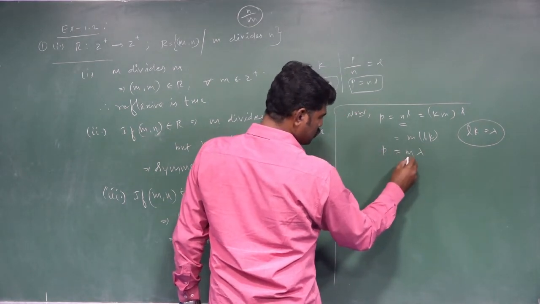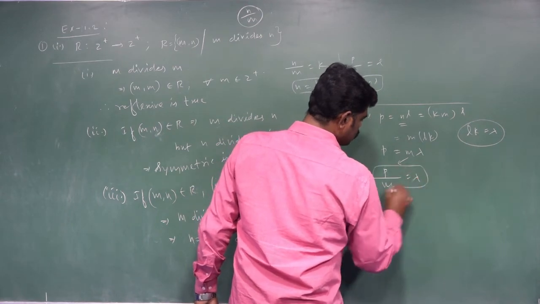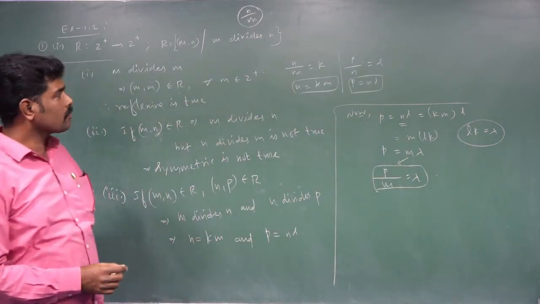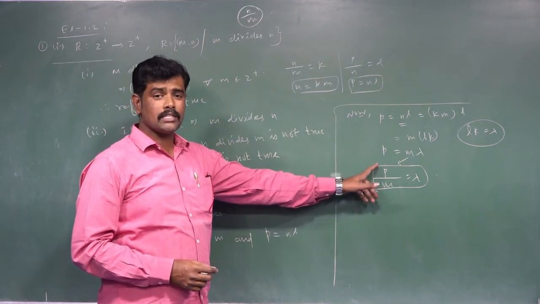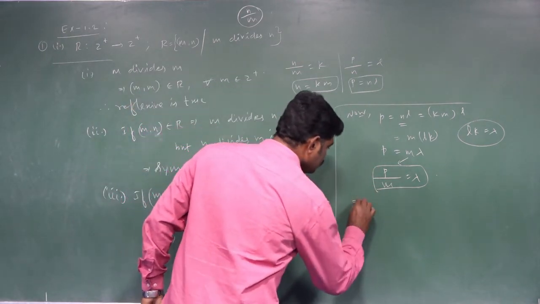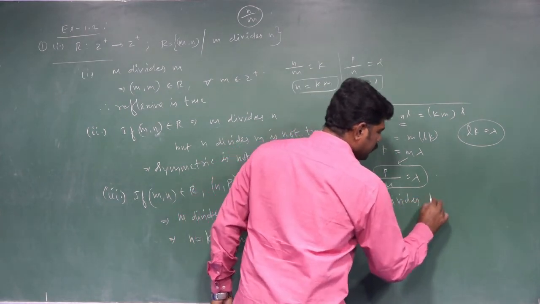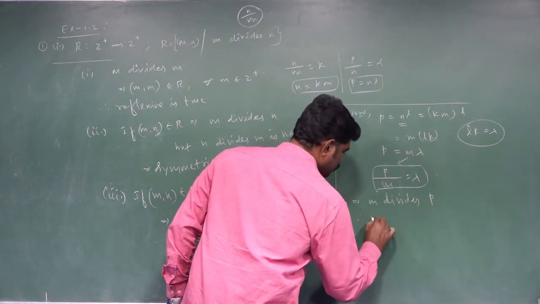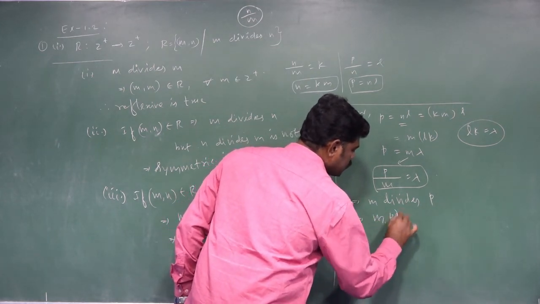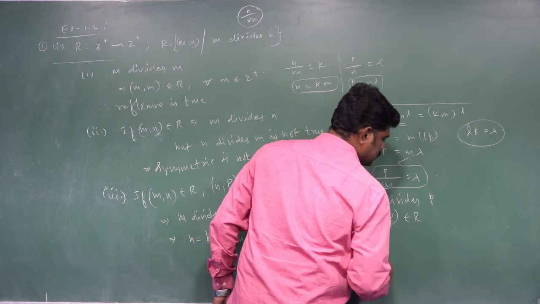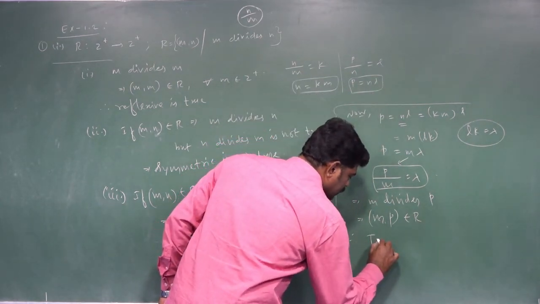Doing the cross multiplication, p by m is equal to lambda. What does this mean? Then m divides p. Therefore, the pair m comma p exists in this relation R. Therefore, it is transitive.